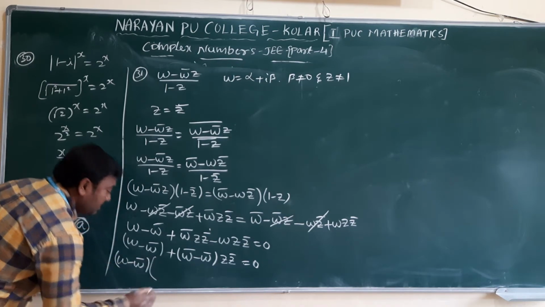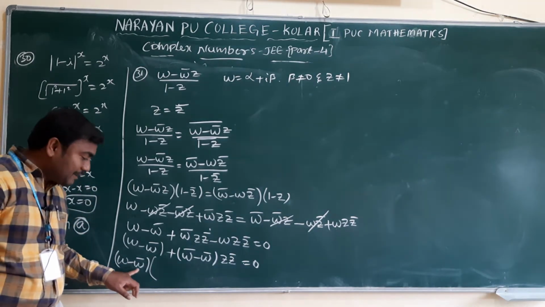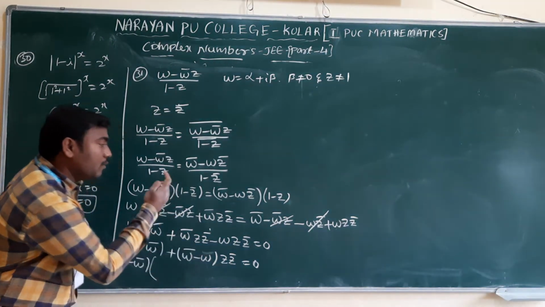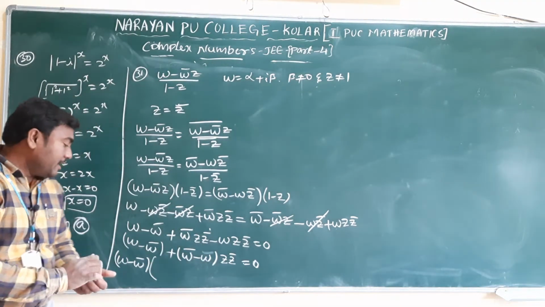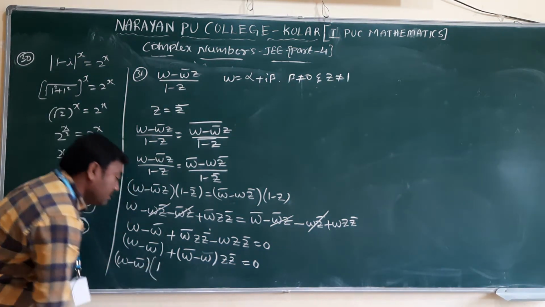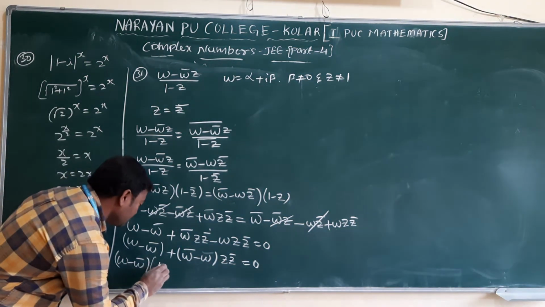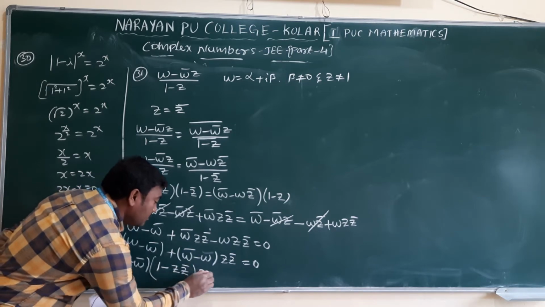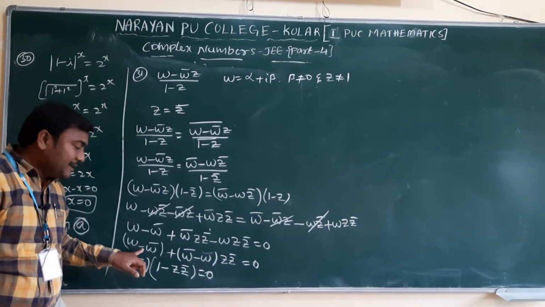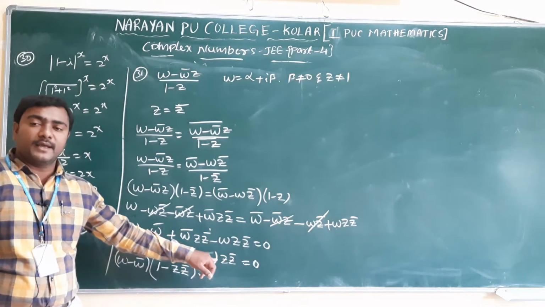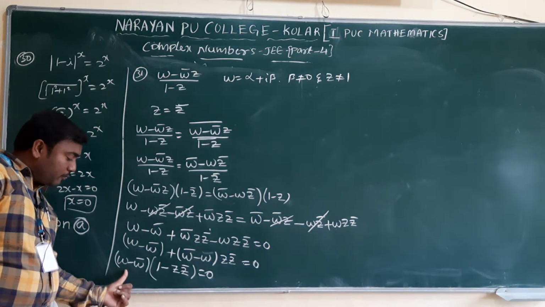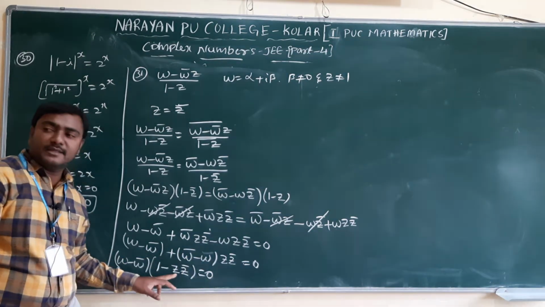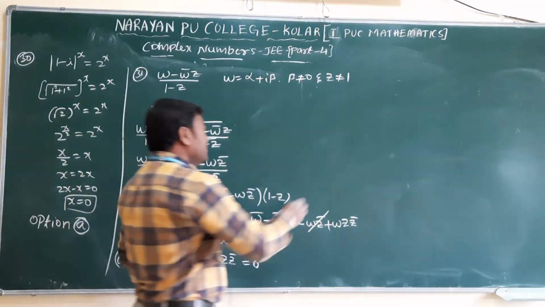Observe that we take common ω − ω̄, but here it is ω̄ − ω, so the sign changes: (ω − ω̄)(1 − zz̄) = 0.